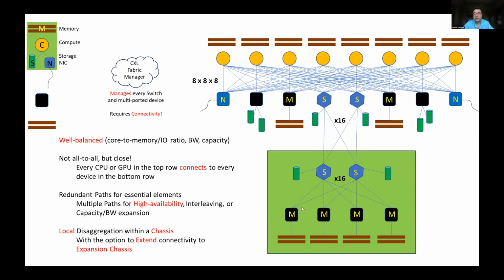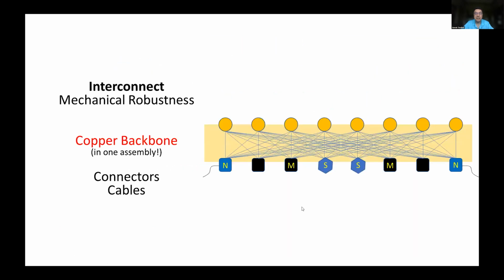An example of that could include a mesh of compute elements and memory and storage and switch elements that can all be in mechanical structures, plugged in using cabling techniques or PCB techniques. For that, a copper backbone seems to be very reasonable.